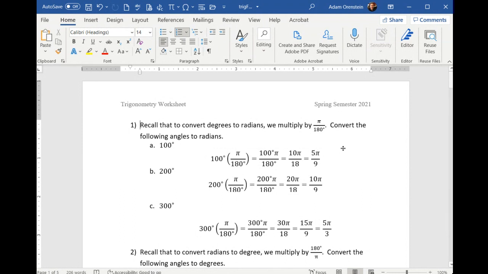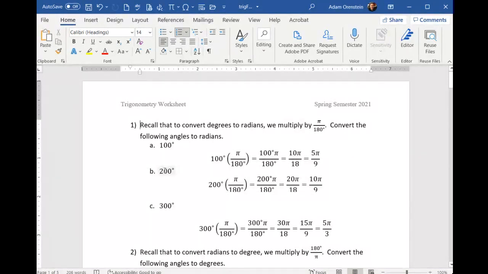So we get 5 pi over 9 here. Again, at least take away the degree symbols, the notation for the degrees. Also, pi, remember, you don't convert that to a decimal. We don't do that.